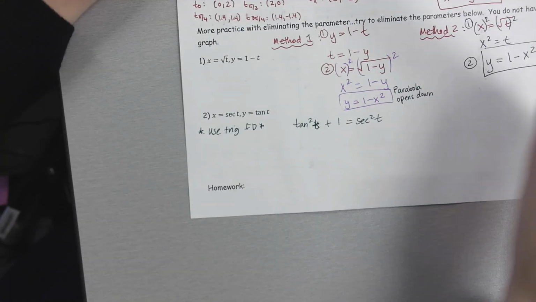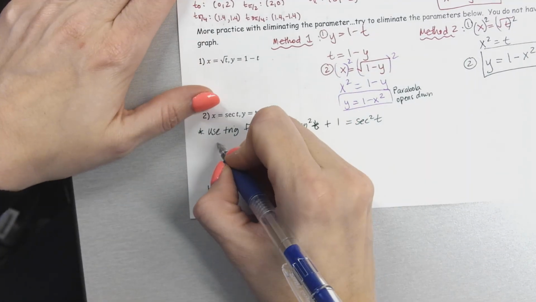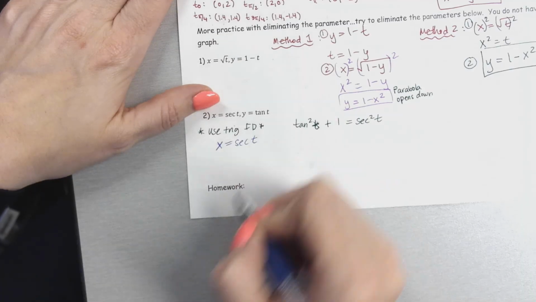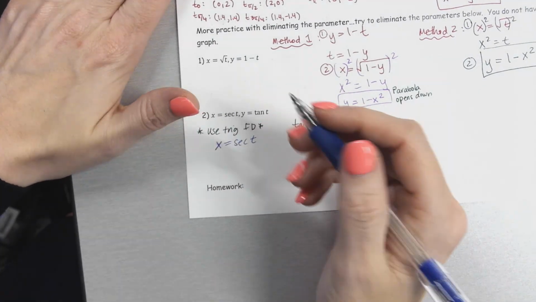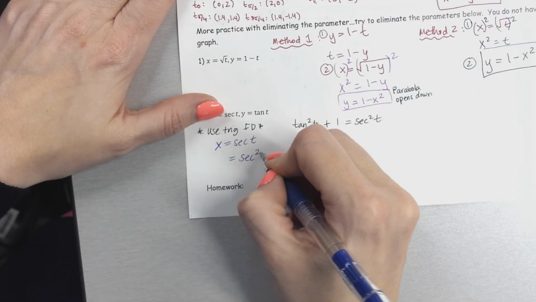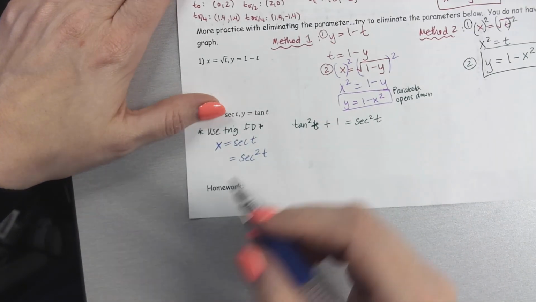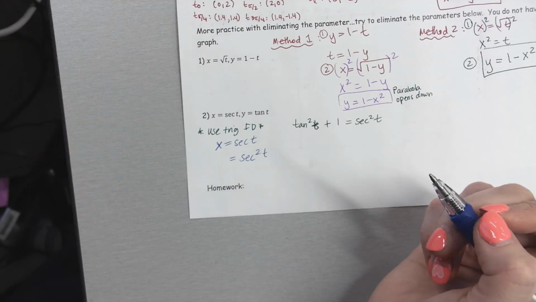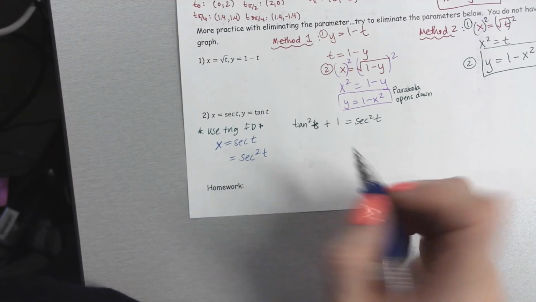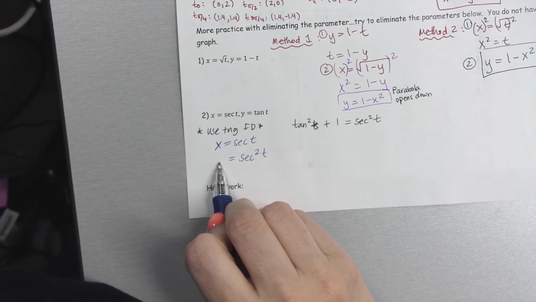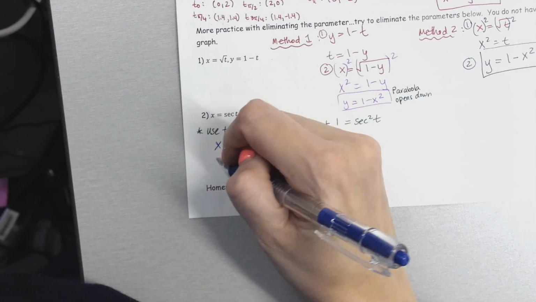Now this one, you don't have anything to solve for. You just have x already equal to the secant. So if it's the secant squared, what could you do to both sides? What would secant squared equal? If you square the secant, you're going to get x squared.